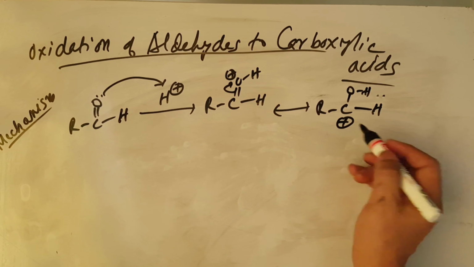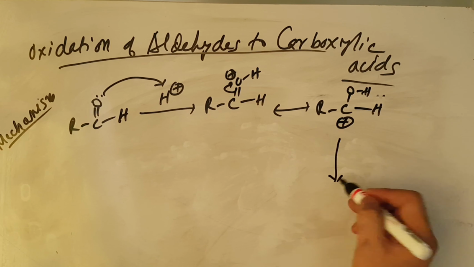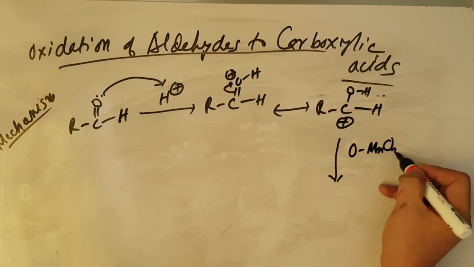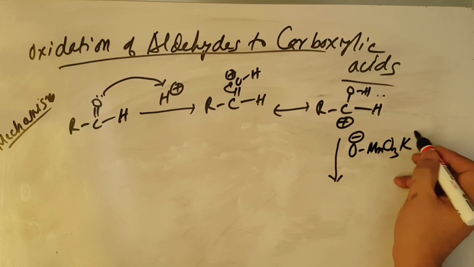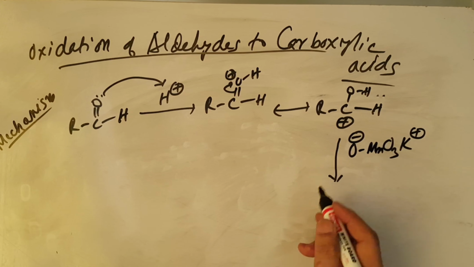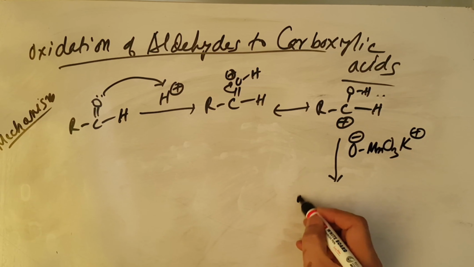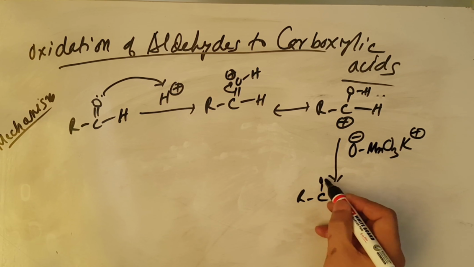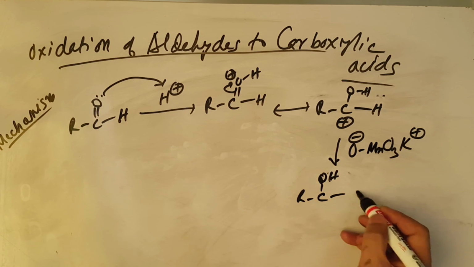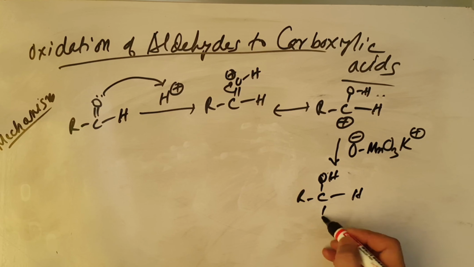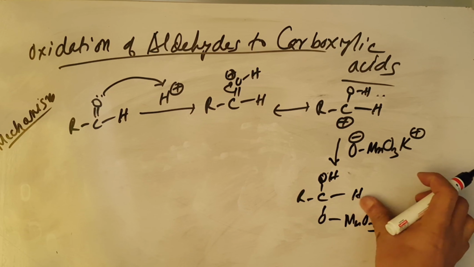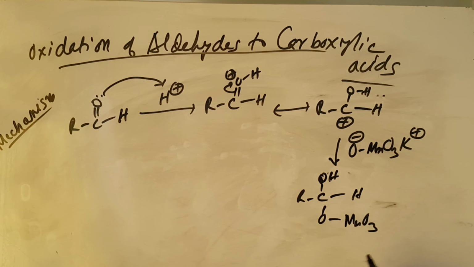Now this can react with potassium permanganate like earlier cases. We have MnO3 negative charge with positive potassium, and it attacks here. We first get this COOH with OMnO3.